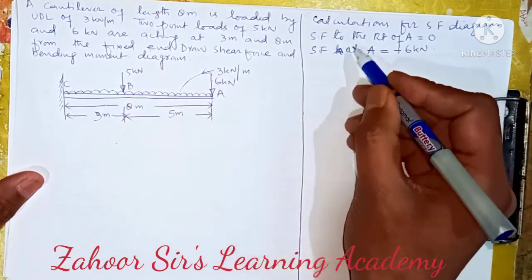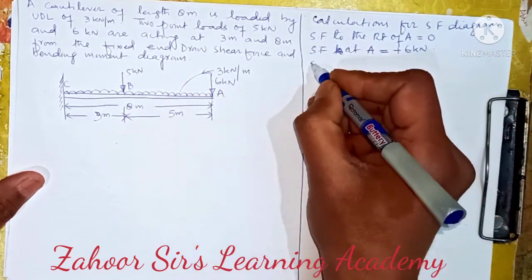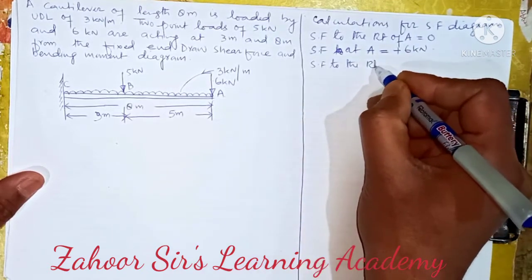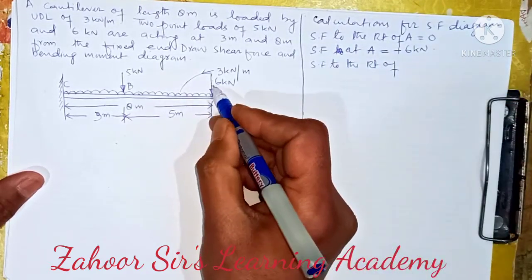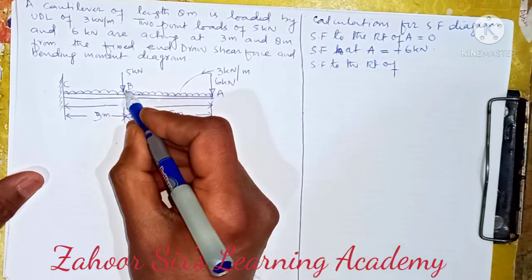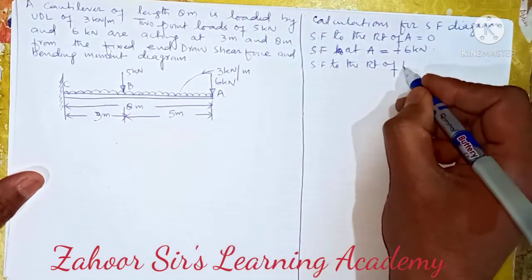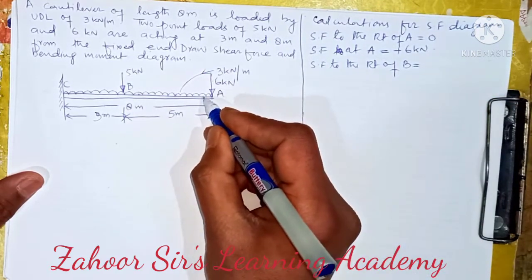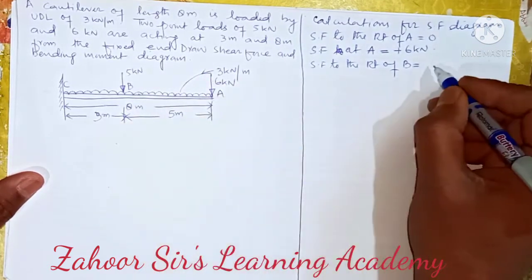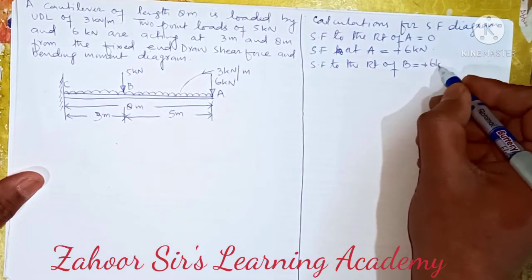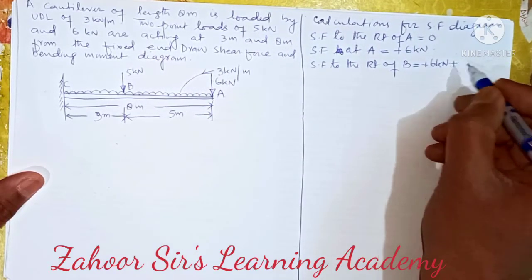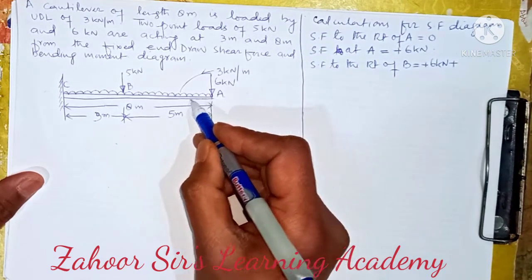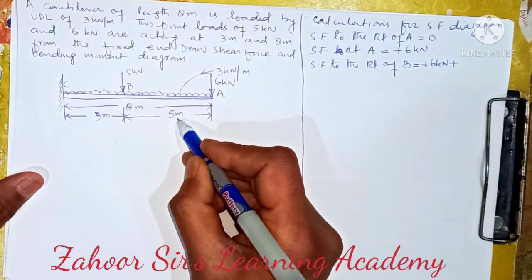Now the same sequence will follow. I will write the SF to the right of B. To the right of B, there is this point load and this UDL. Let's write first the point load, which is 6 kilonewton, and this UDL, which is 3 kilonewton per meter, spread over 5 meters.